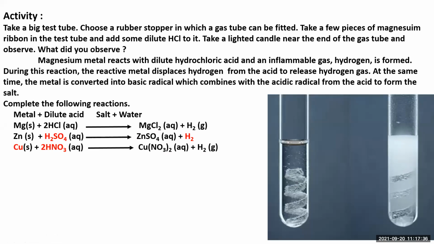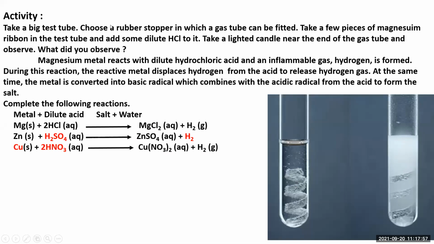The burning candle produces a pop sound, which gives an idea that hydrogen gas is produced in the reaction of magnesium with hydrochloric acid. Mg plus hydrochloric acid gives MgCl2 with hydrogen gas.